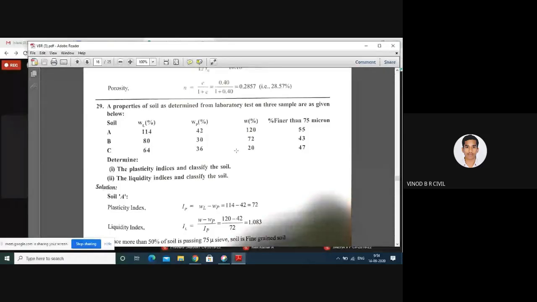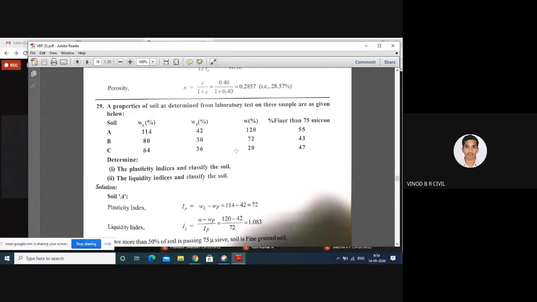Water content: 120, 72 and 20. Percentage finer than 75 micron: 55, 43, 47. Determine the plasticity index and classify the soil, and then the liquidity index and classify the soil. This is the given data.